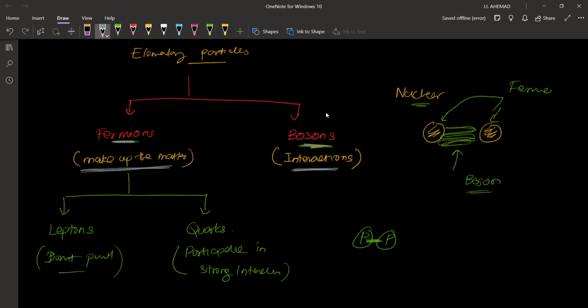And those who make up the matter are also of two types. Some of them involve strong forces, and we call them quarks. Those who do not involve strong forces, we call them leptons. So that is how it is classified.